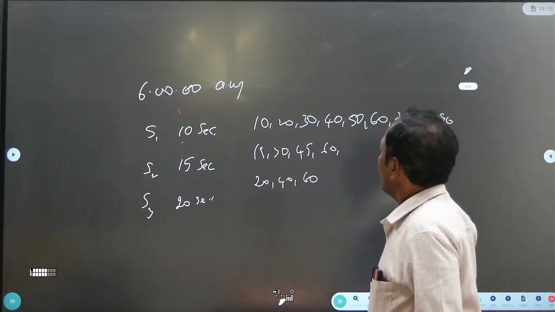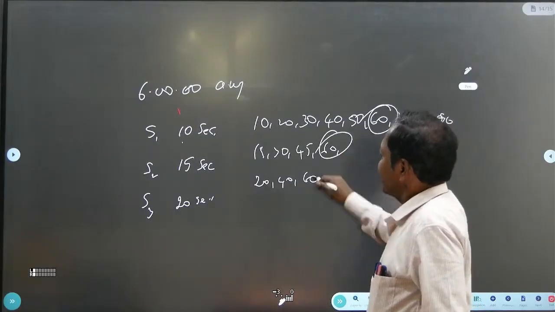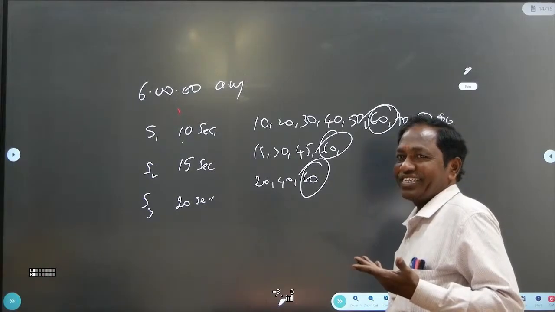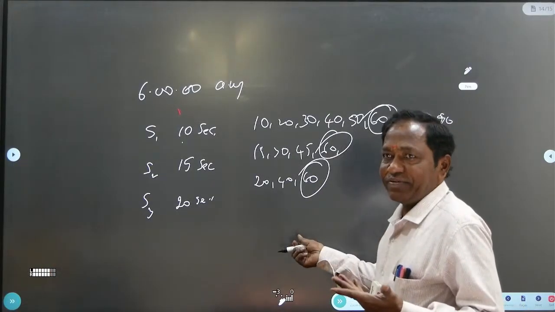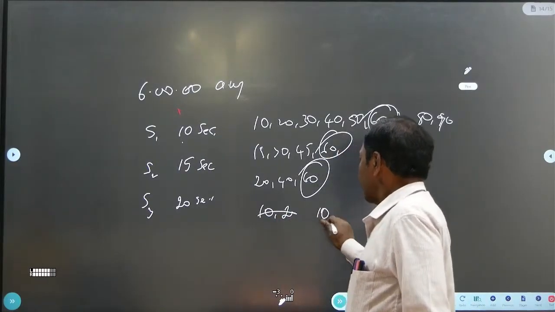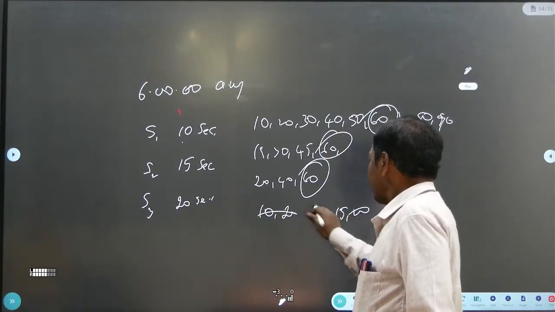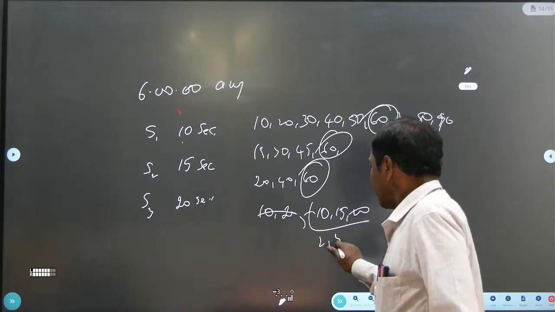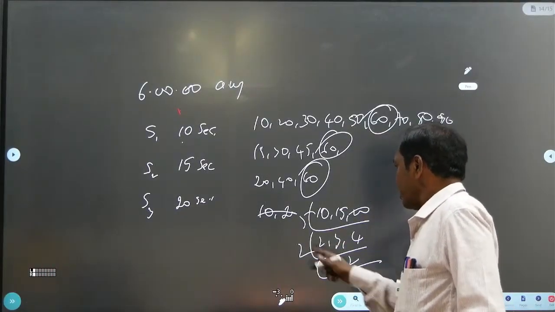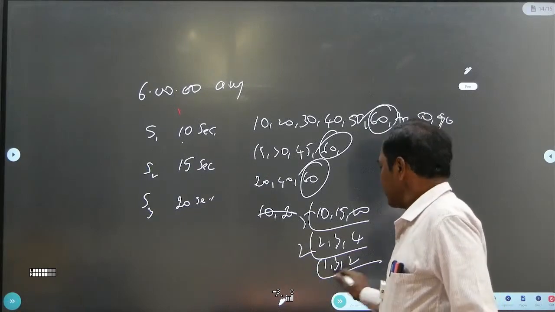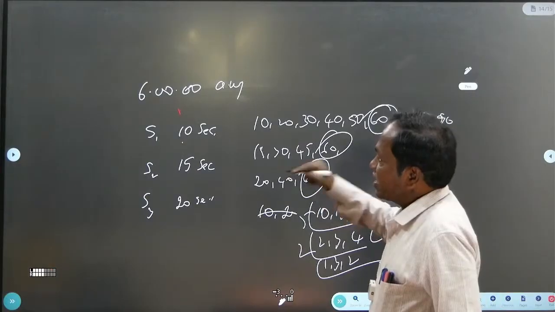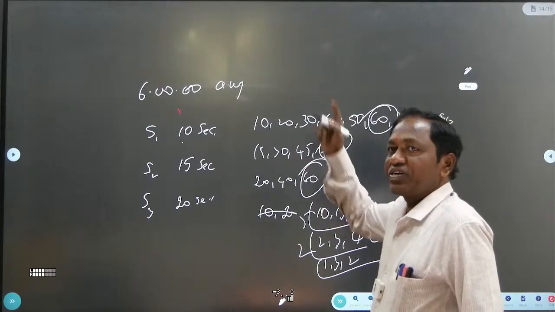What is the common multiple? 60. That is the LCM. So for 10, 15, 20, dividing by 5 gives 2, 3, 4, then again by 2 gives 1, 3, 2, and the LCM is 60. For every 60 seconds, all the three signals start together.